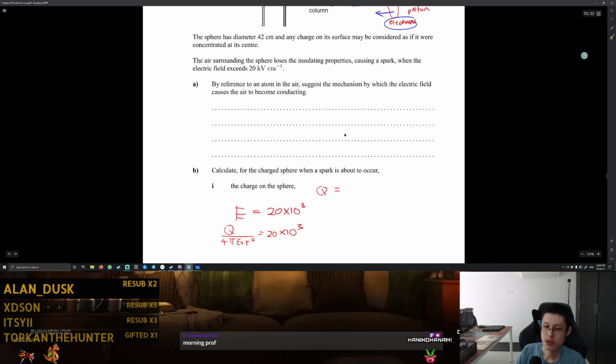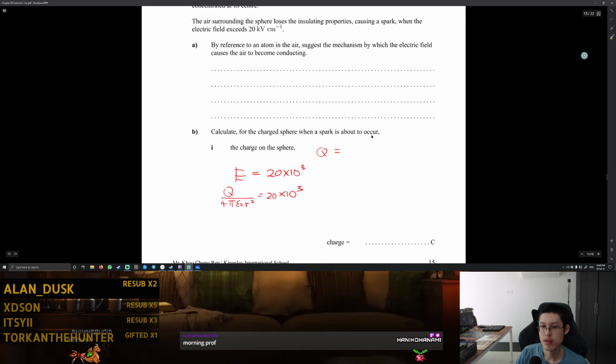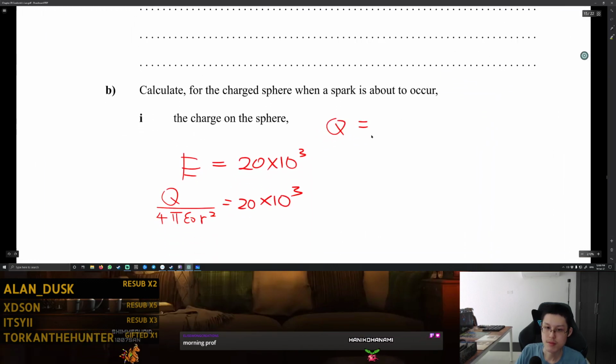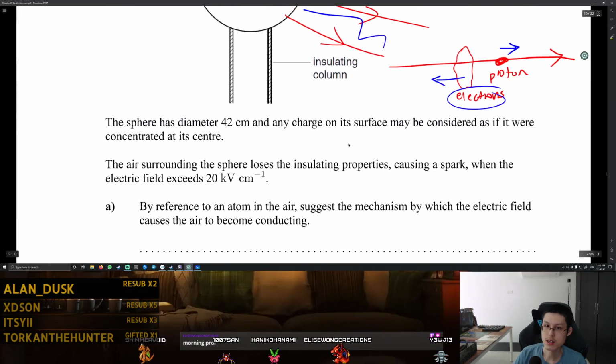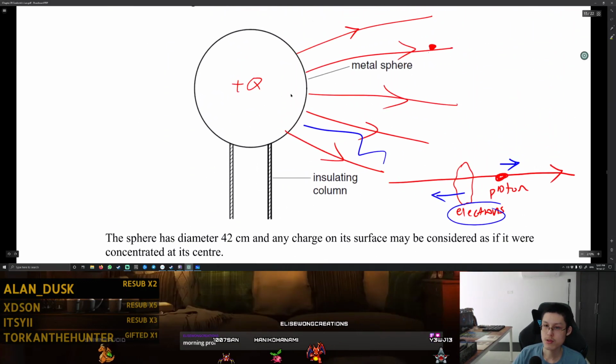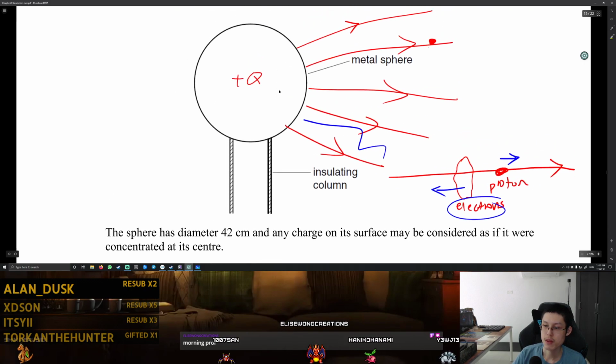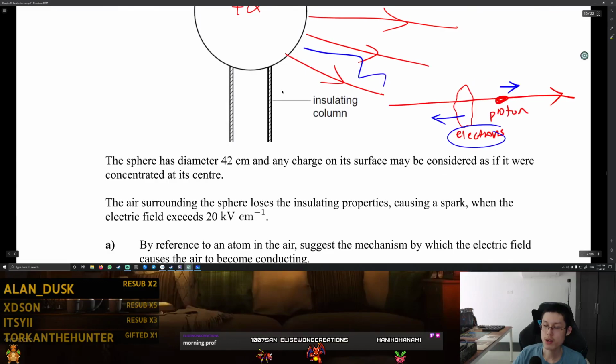So Q is going to be this guy here. What is R going to be? R is actually the radius of the sphere. Why do I use the radius?